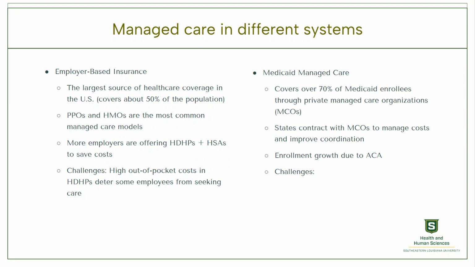There are some challenges with this, one of which is that under Medicaid, managed care organizations provide a limited network, and this is exacerbated in rural areas where there are fewer providers signed into the network.